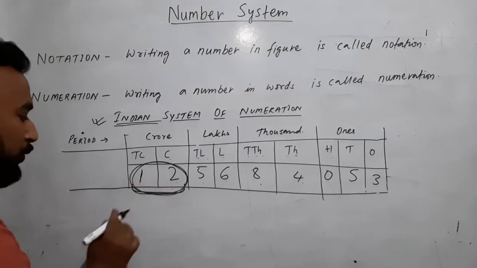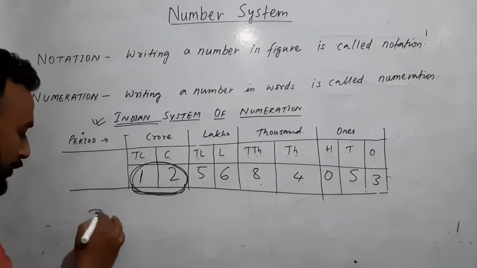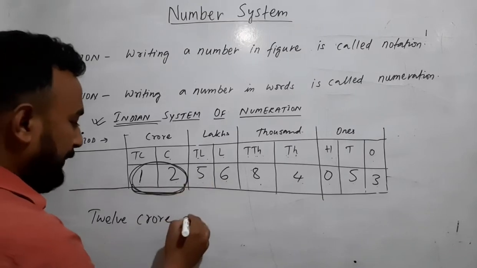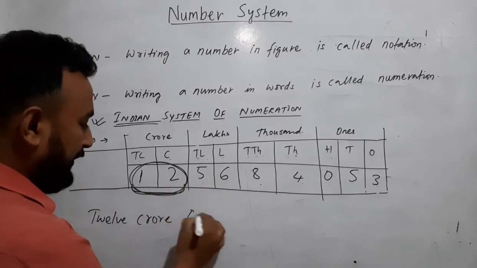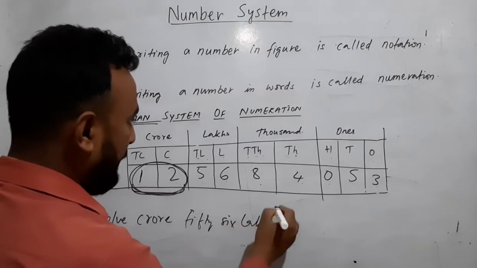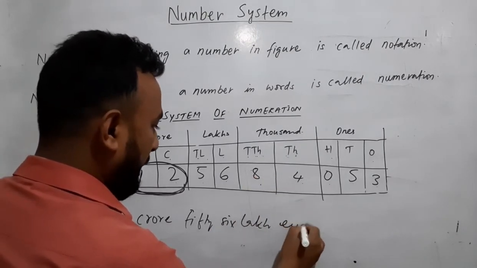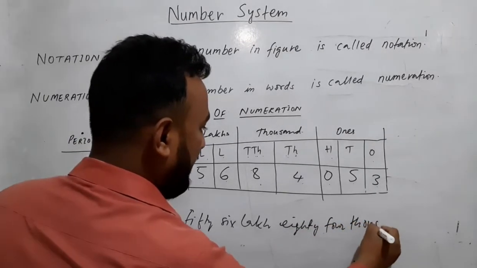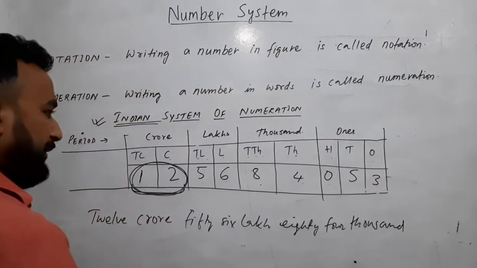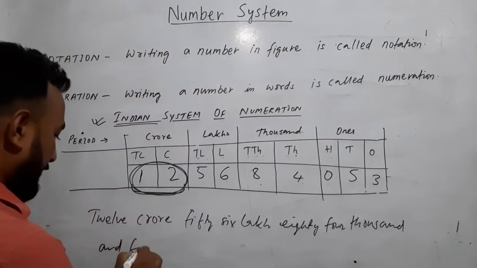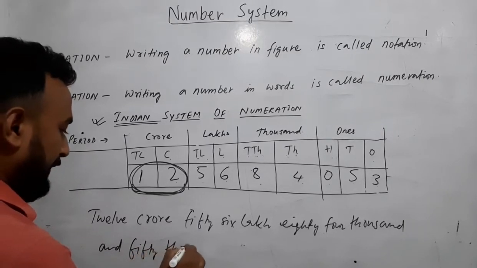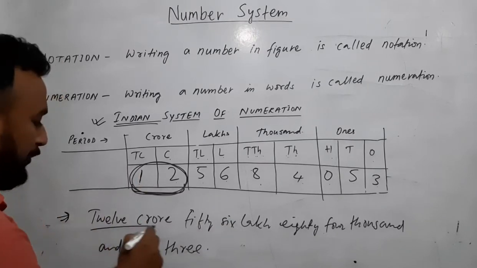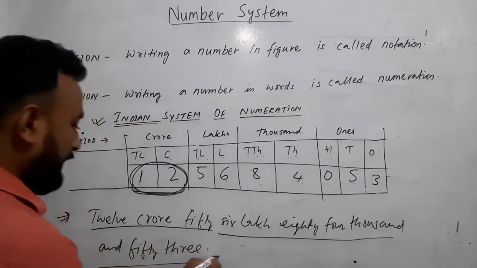See here, it is 1 and 2, that is 12 crore, 56 lakh, 84,000, and 553. So by following this method, you have to write the given number in words. So this is the required answer.